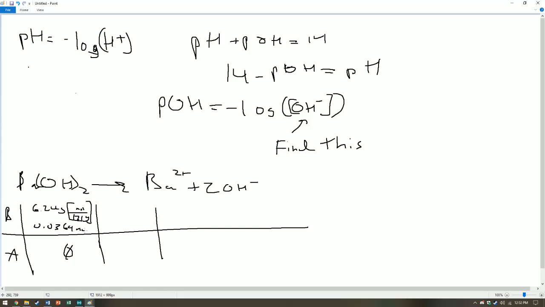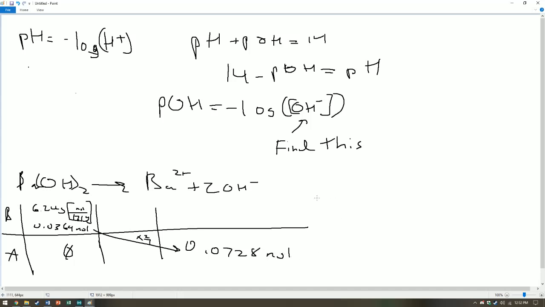And I get 0.0364 mole. When we do the mole ratios, this is times 2 over 1, so if we double that, we get 0.0728 mole.